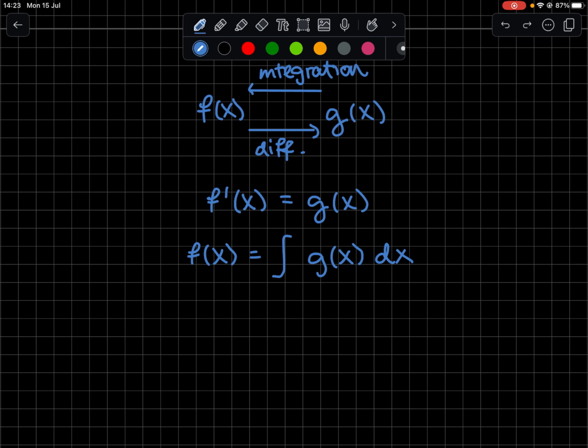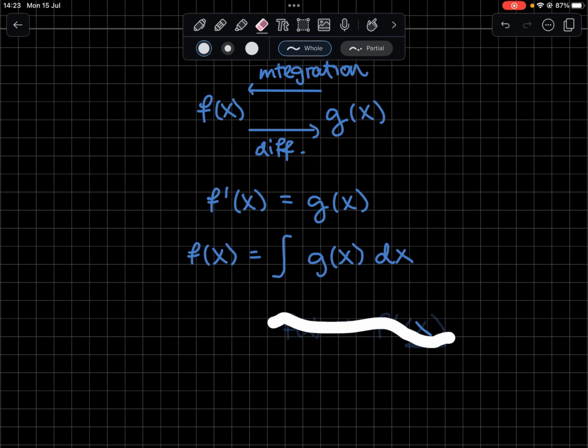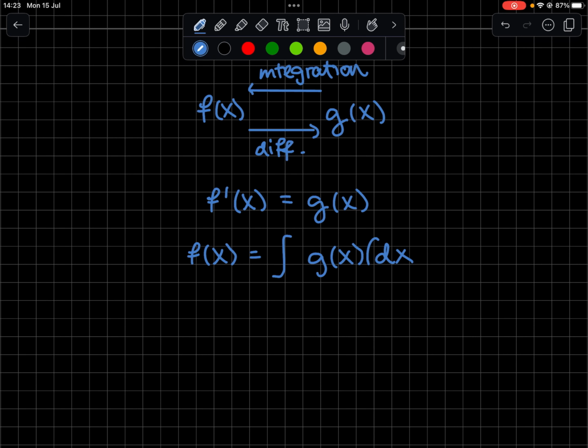It's like with derivatives. For example, if we have a function f of x, and then we differentiate to get f dash of x, we still specify that it's a function of x. And it's the same with integrals. We do that with this dx at the end.